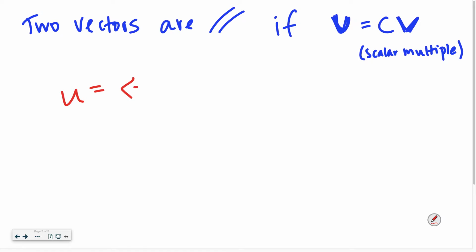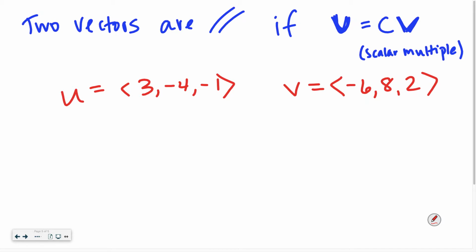So if vector u is 3, -4, -1, and vector v is -6, 8, 2, are these 2 vectors parallel? Tell me why, Gabe.